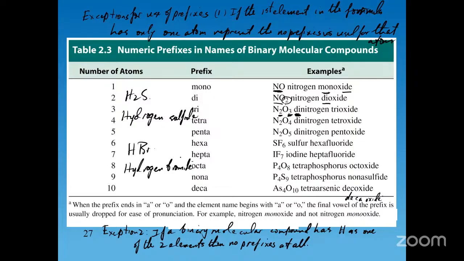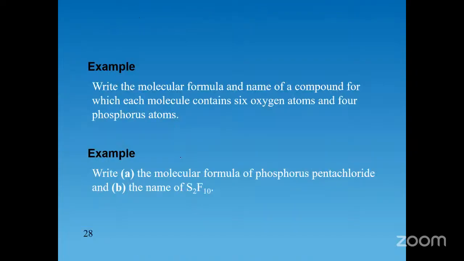Okay, so with that said, let me move on to some examples. There are 2 questions. The first of which says, write the molecular formula and name of a compound for which each molecule contains 6 oxygen atoms and 4 phosphorus atoms.